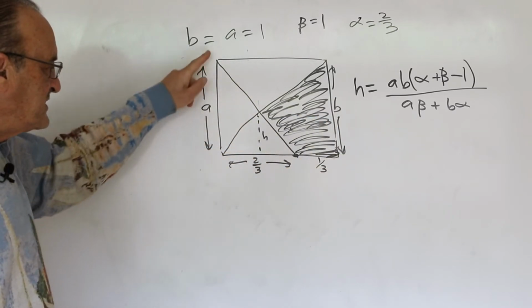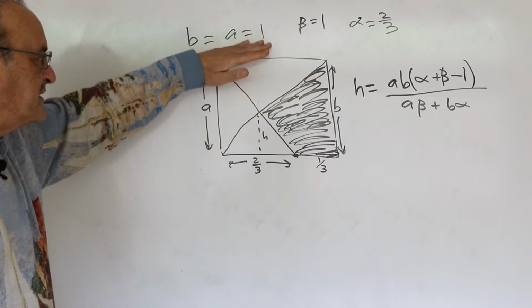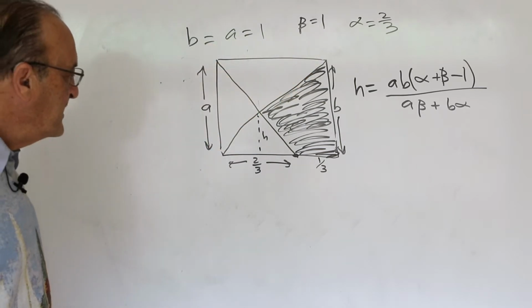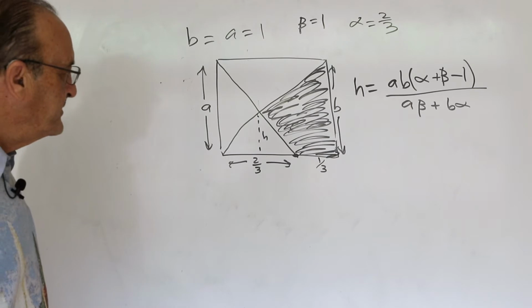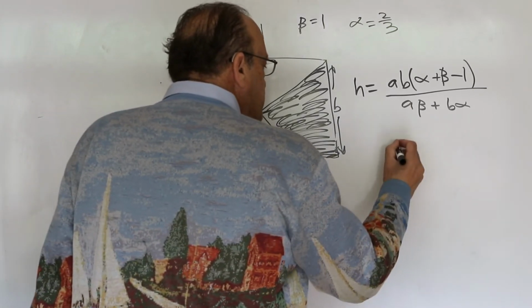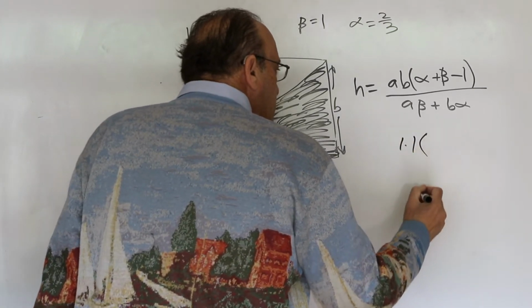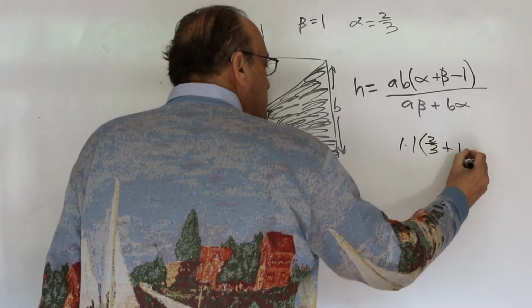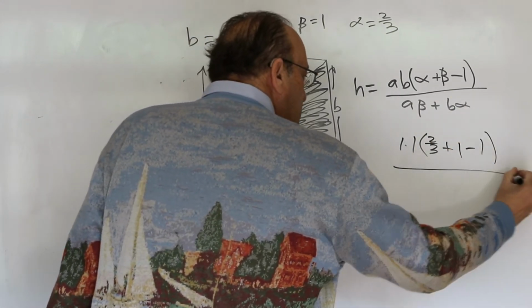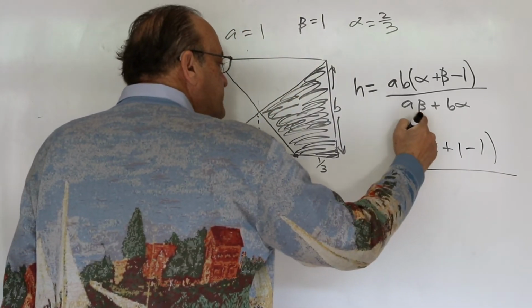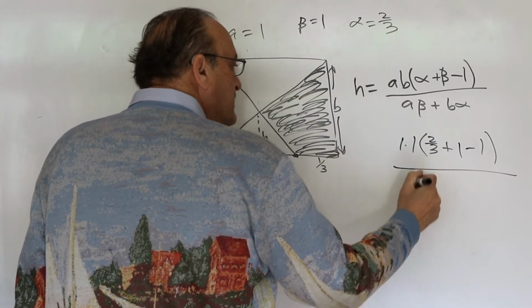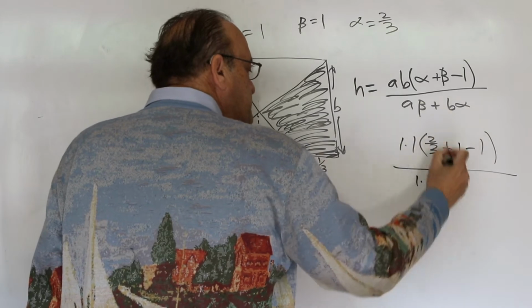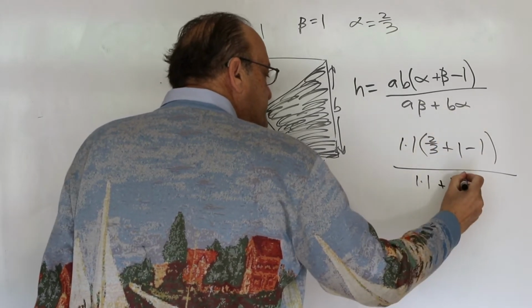Now we could also get this height with linear algebra, but using this formula should be slightly quicker. So a and b are both 1, so we have 1 times 1. Alpha is 2/3, so we have 2/3. Beta is 1 and minus 1. In the denominator we have 1 times beta, which is 1 times 1, plus b, which is 1, times alpha, which is 2/3.